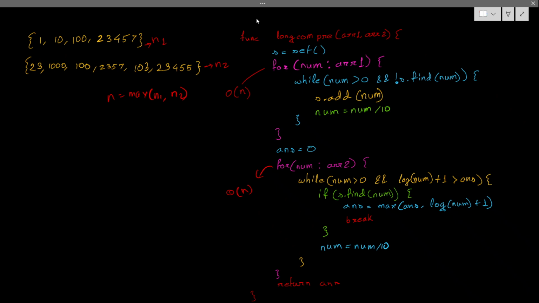Let's see how long this second loop runs. Assume all the numbers in this array are at most 10 to the power 8. Each number will generate a unique prefix set.